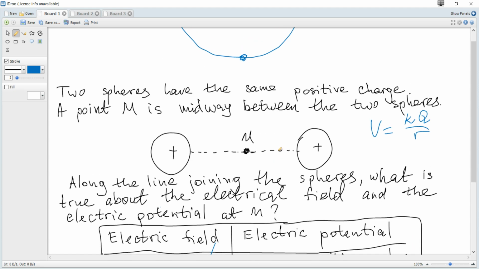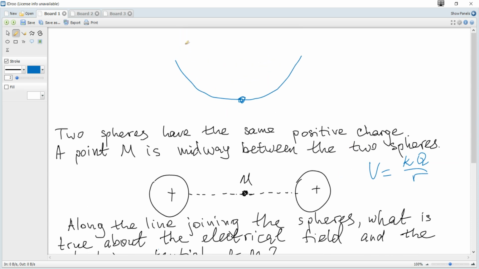Also you know, it is given in the data booklet, that the electric field is negative delta V over delta R, but this delta actually means derivative. If the potential has a minimum at some point, the derivative, which is the gradient of a tangent, is zero.